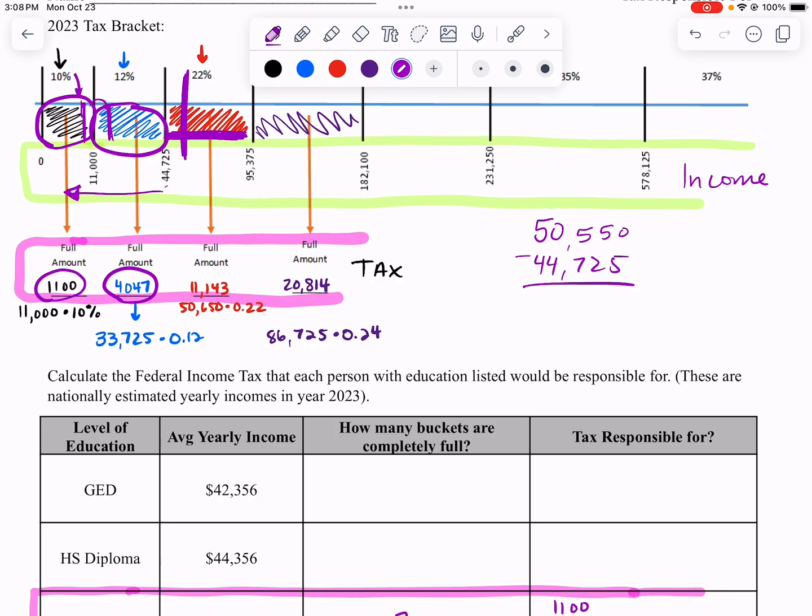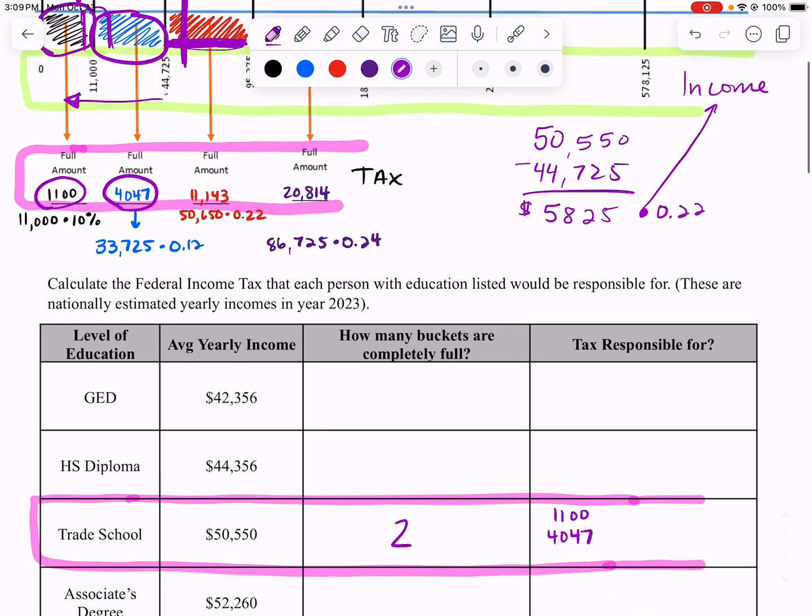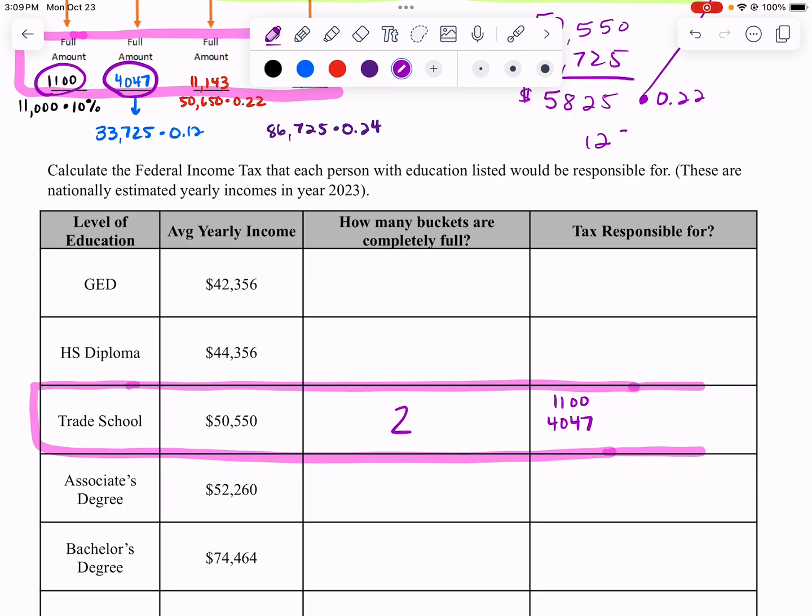So 50,550 minus 44,725 is $5,825. This is still income, just the income at the bottom of the bucket. I know that I have to pay 22% tax on that, so I multiply this by 22%. When I do that, I get $1,281.50. So I would add that to this number.